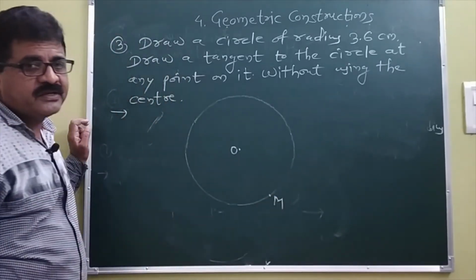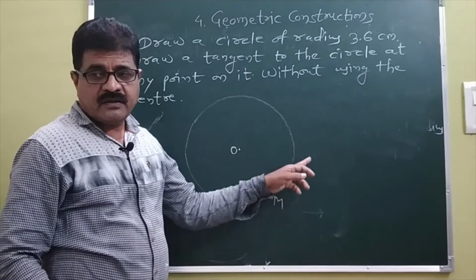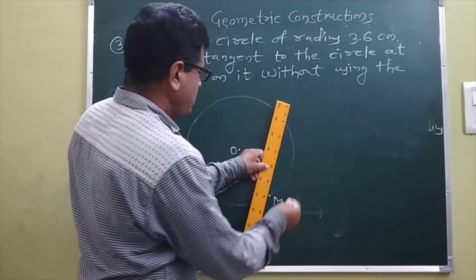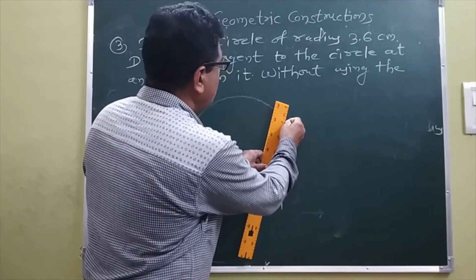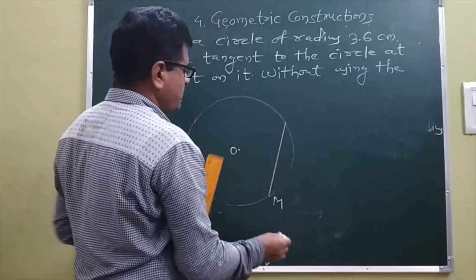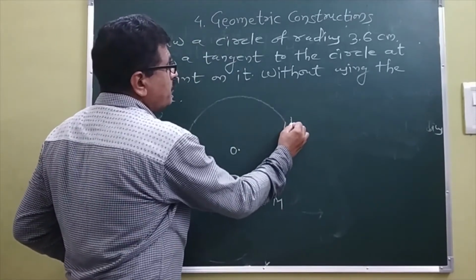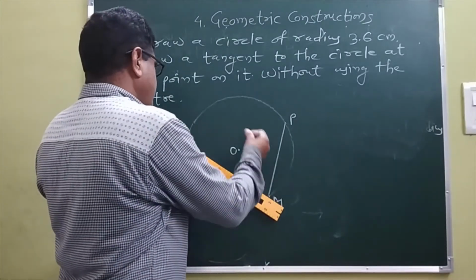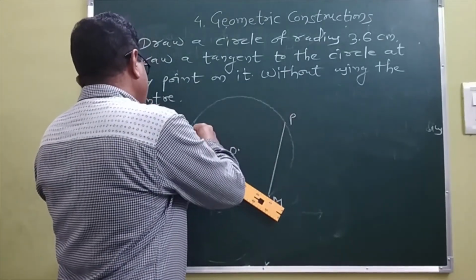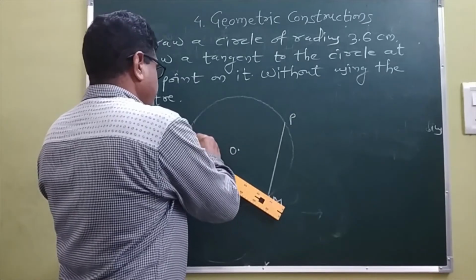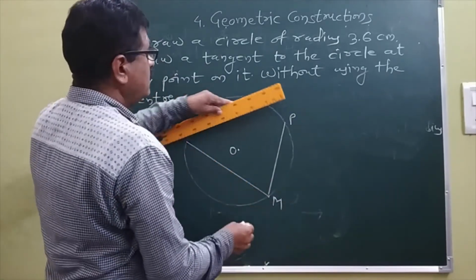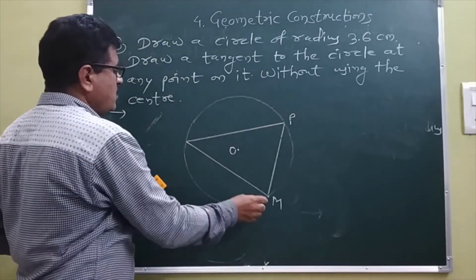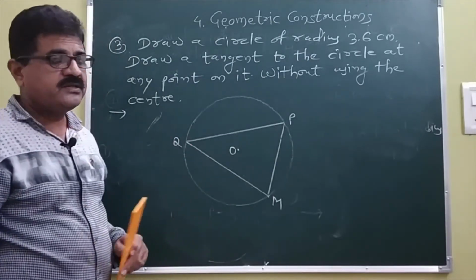We have to draw a tangent passing through this point M. Therefore, draw any chord, suppose PM is the chord. Take an inscribed angle, that is PQM. Construct the inscribed angle PQM. Suppose this point is Q.